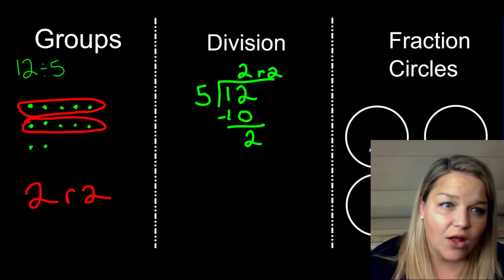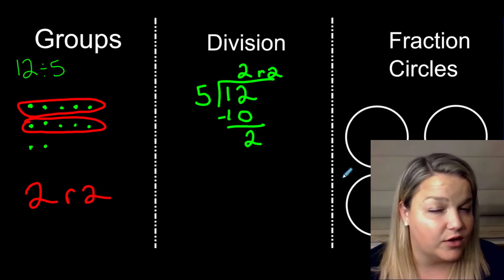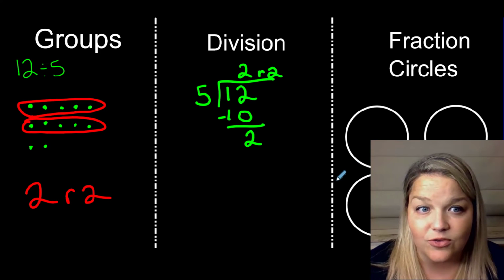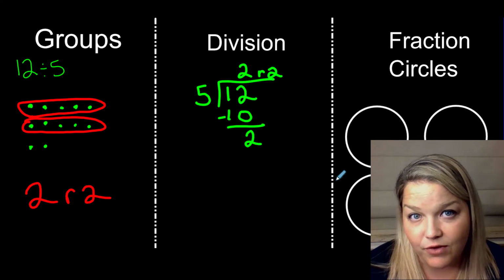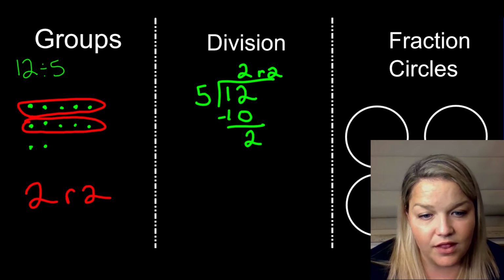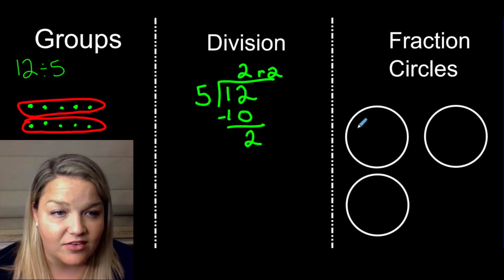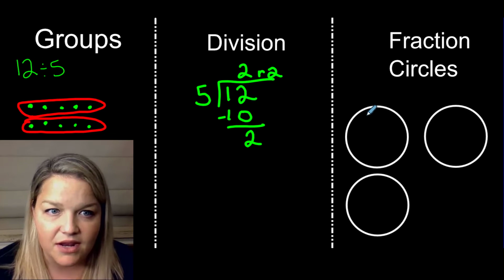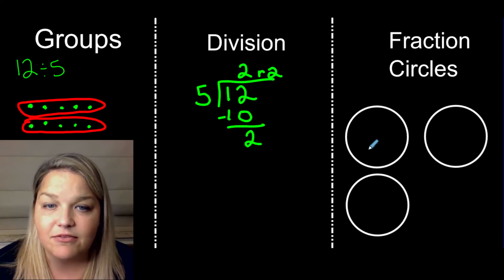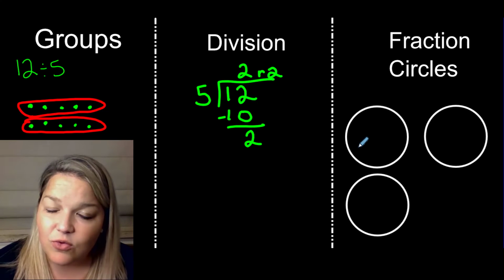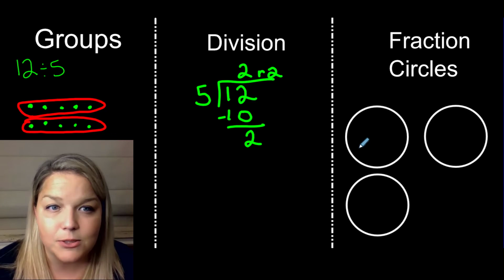All right, so now I'm going to use fraction circles, and I know you're very familiar with fraction circles, to demonstrate what this would look like. So let's use yellow. Now bear with me. I'm going to try and divide these up and it's not going to be perfect, but you get it. So I know I need to make groups of 5. So I'm going to divide my fraction circles into 5s.